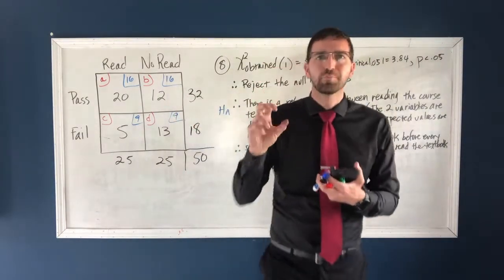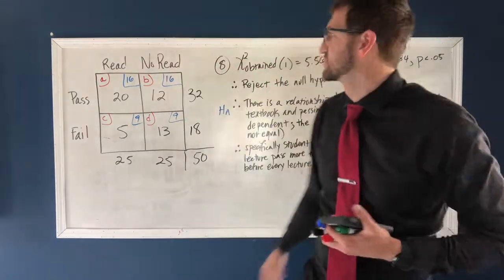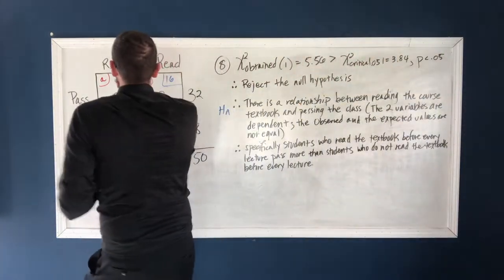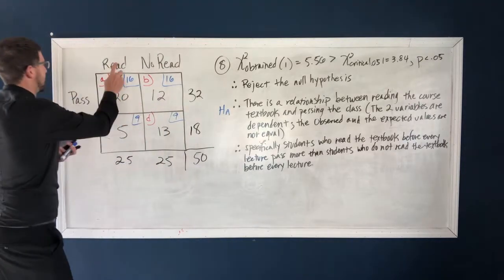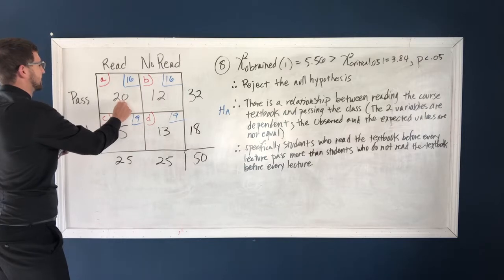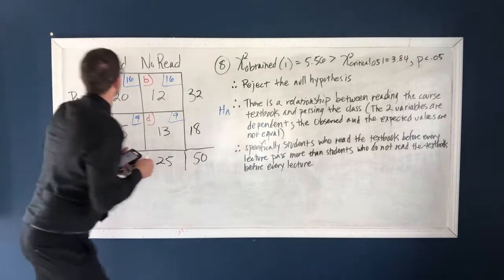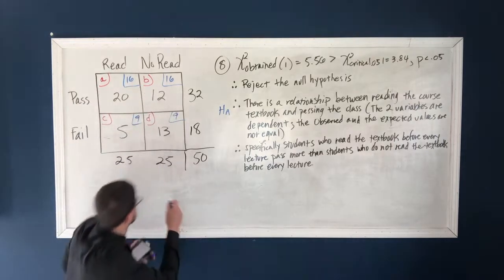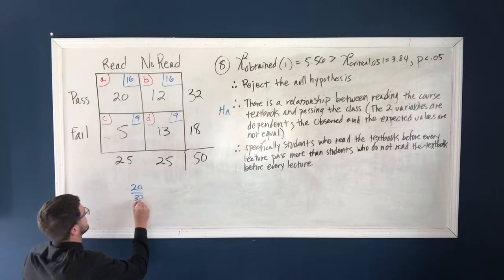You have to go back to the sample data to figure out the direction of this relationship. Let's check this out. Of those who read, 20 passed and 12 didn't. So now take those 20 and divide it by 32.